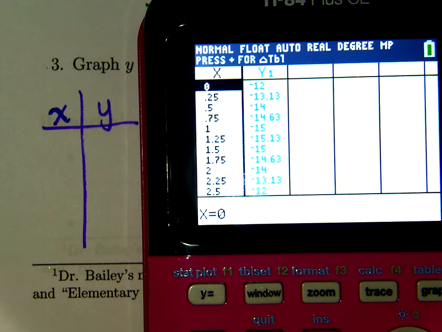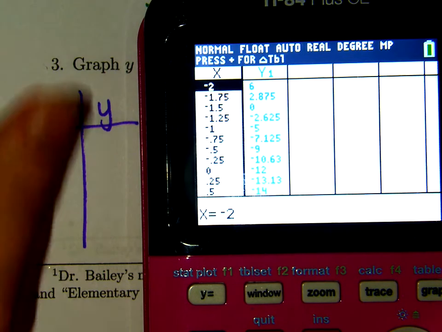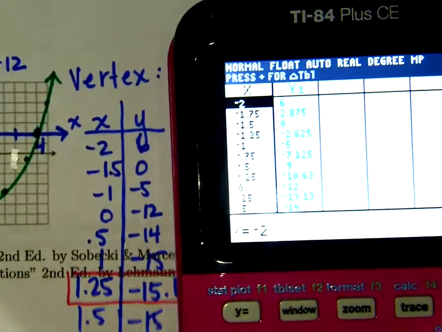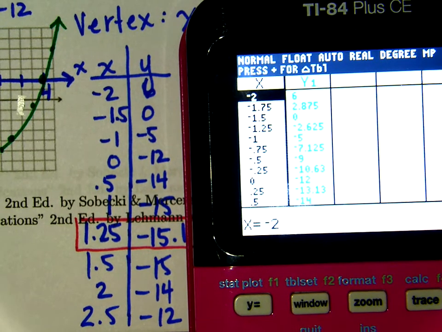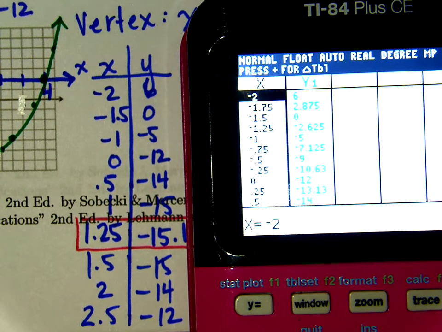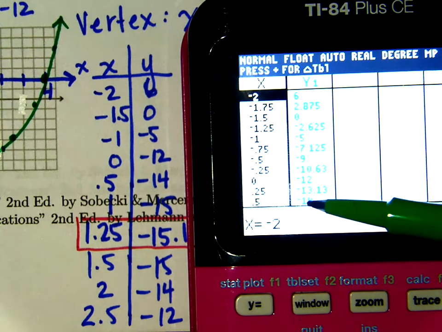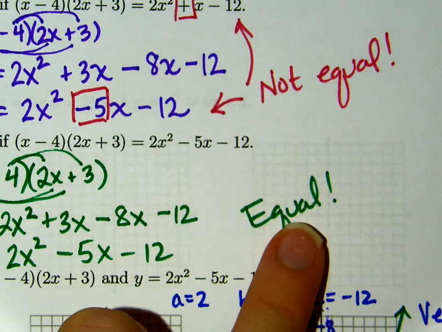Huh, that looks familiar. So notice that these table values are identical to these table values that we did for the last graph, where it was in its general form. But now it's in its factored form, and we have the same table of values. And that's because we said that they were equal.